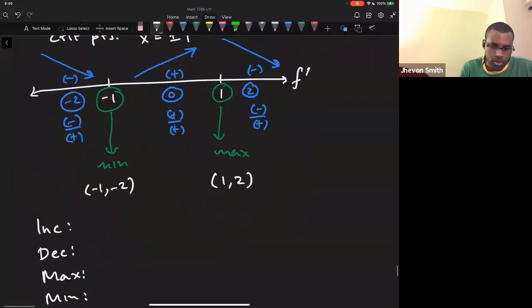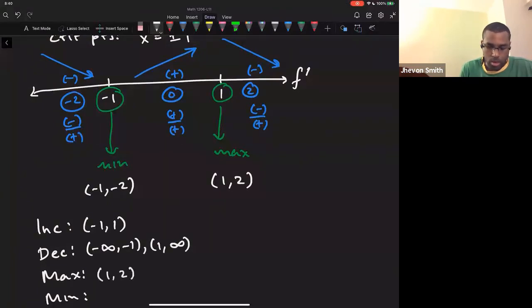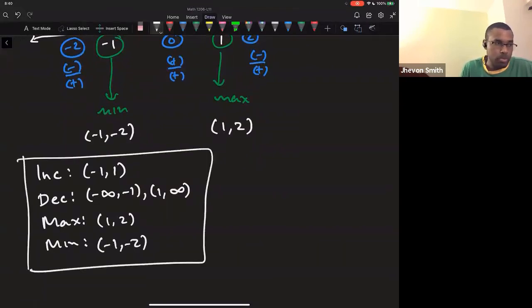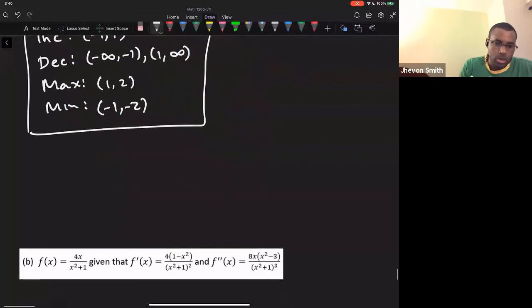We're increasing from minus 1 to 1. We're decreasing from minus infinity to minus 1, and from 1 to infinity. I have a maximum at 1 comma 2. I have a minimum at minus 1 comma minus 2. That's step 4.